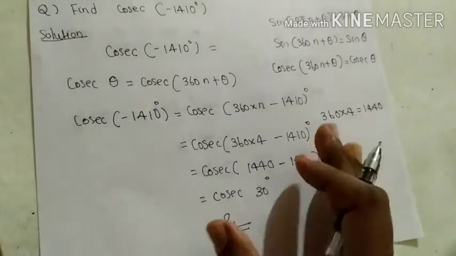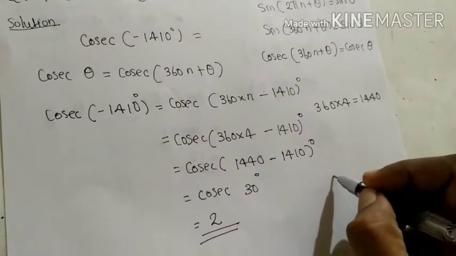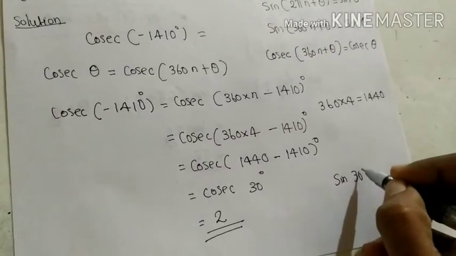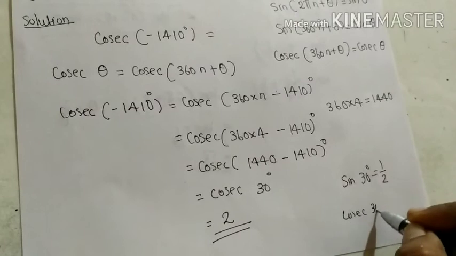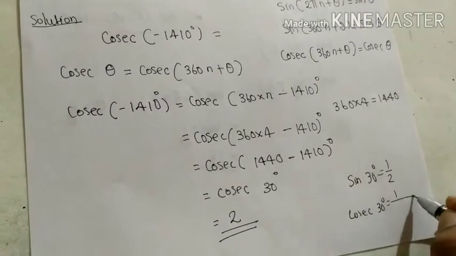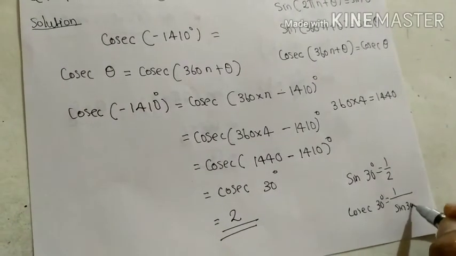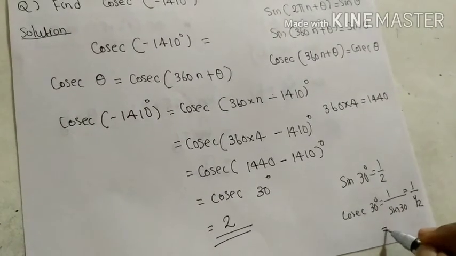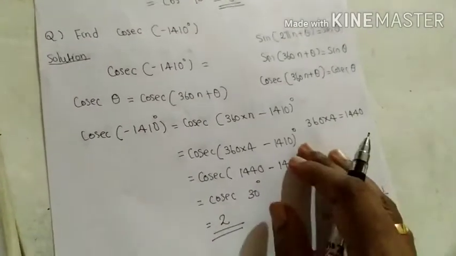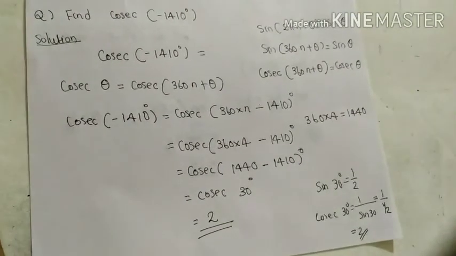Okay, I hope you understood. So sine 30 is equal to 1 by 2. Cosec 30 is equal to 1 divided by sine 30, which is further equal to 1 by 1/2, which is equal to 2. Okay, I hope you understood this question.